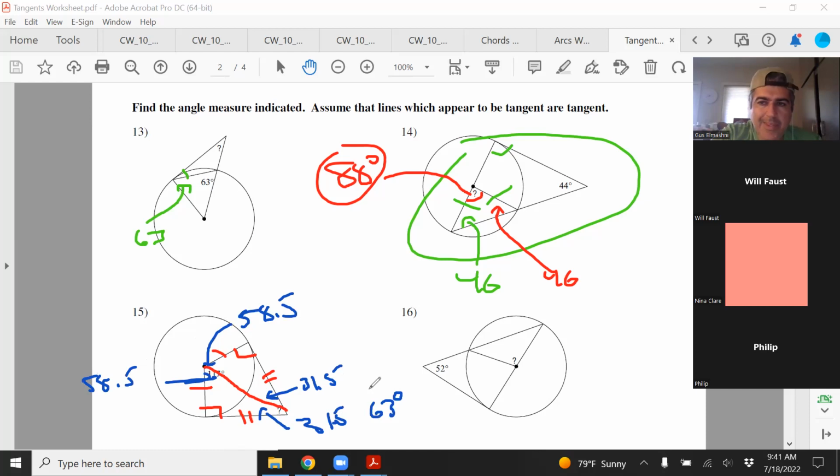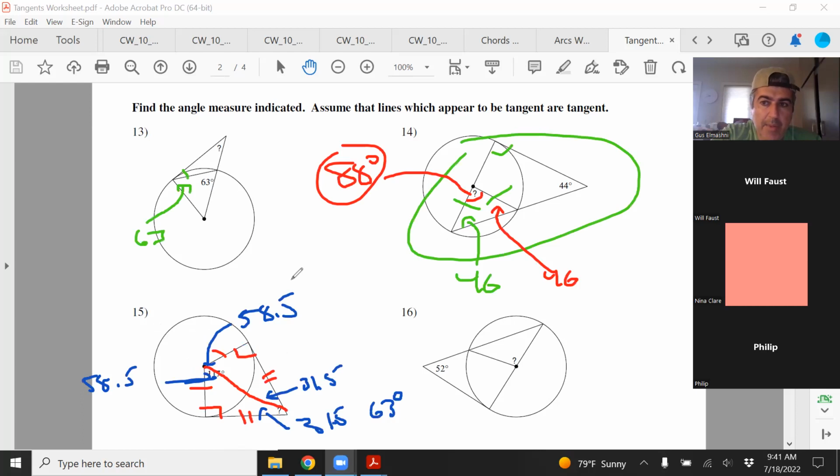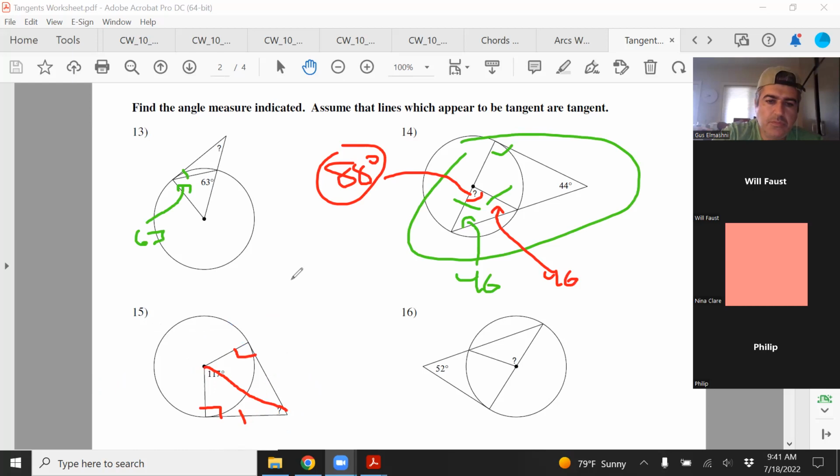There is a rule that says that when this happens, let me clear my screen for a sec, that these two add up to 180, but I don't want to just tell you that. I want you to see why that would happen. So if I backtrack again, this problem. These are the same.